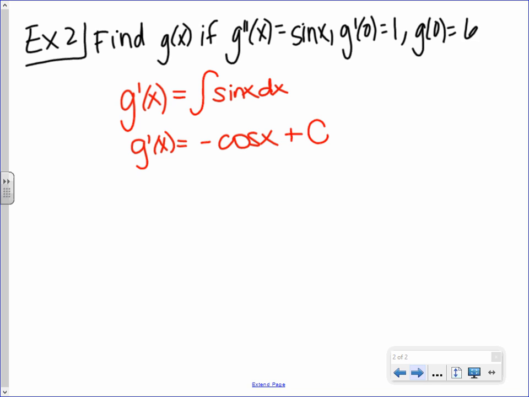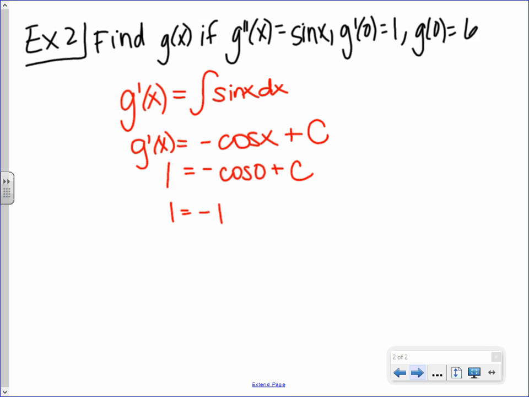We now can use our initial condition. We know that when x is 0, then our derivative is 1. Okay, everybody, what is the cosine of 0?